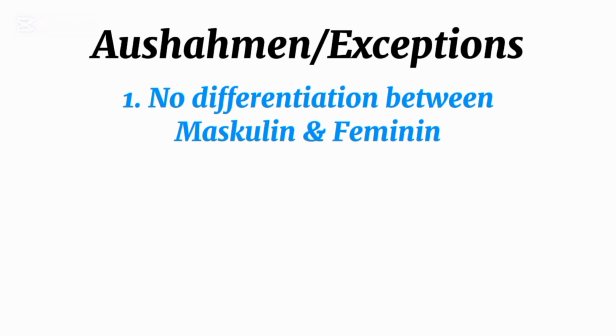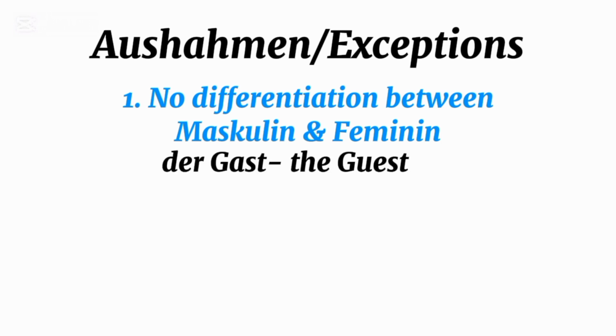For example, the word Gast, guest. When you hear a guest is coming, you don't know if this guest is a man or a woman. So we'll just say they are guests, with der instead of being neutral.